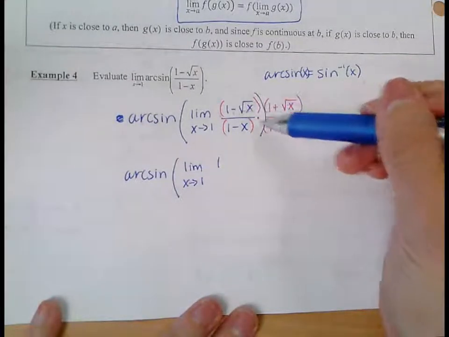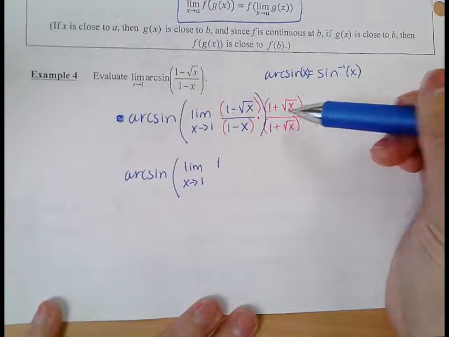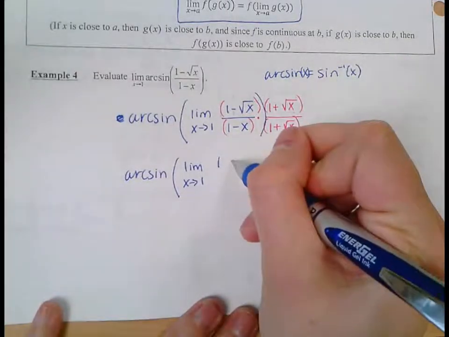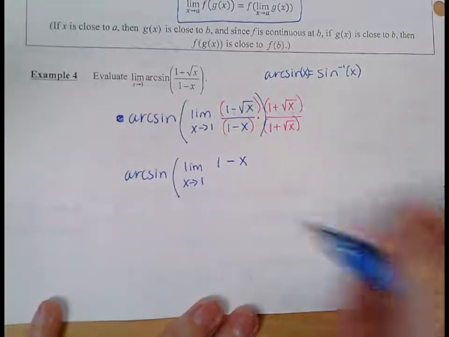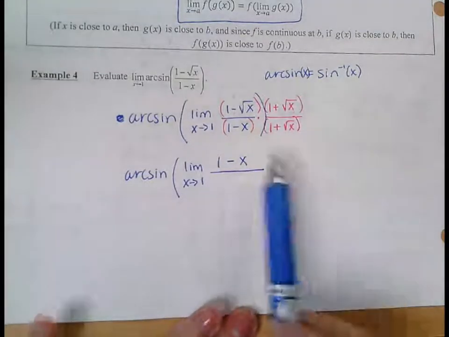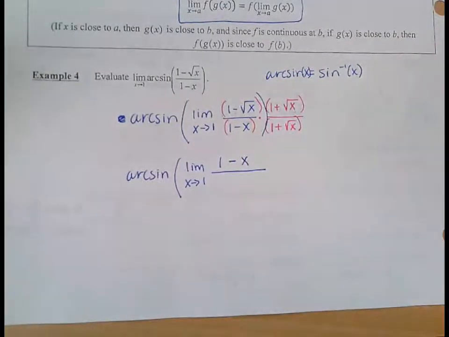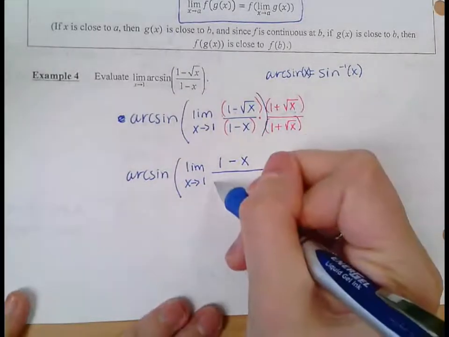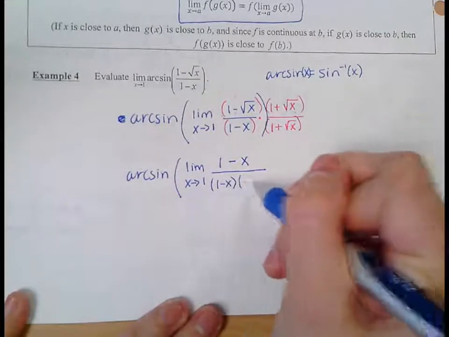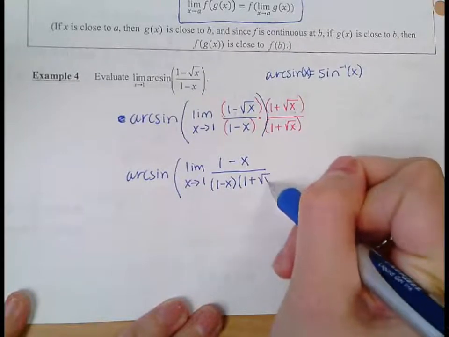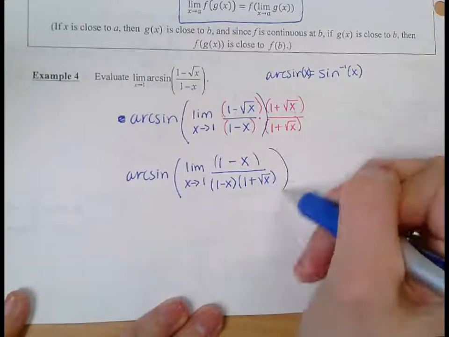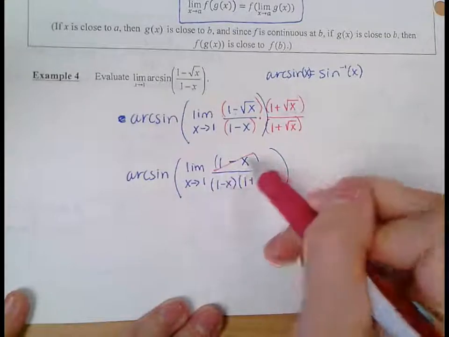Then negative root x times positive root x, the square roots would cancel, and I would just have minus x. And anytime you do this, do not FOIL or distribute in the denominator. Leave it because something will end up canceling. So I have 1 minus x times the quantity 1 plus square root x. And you can then see the 1 minus x's cancel out.